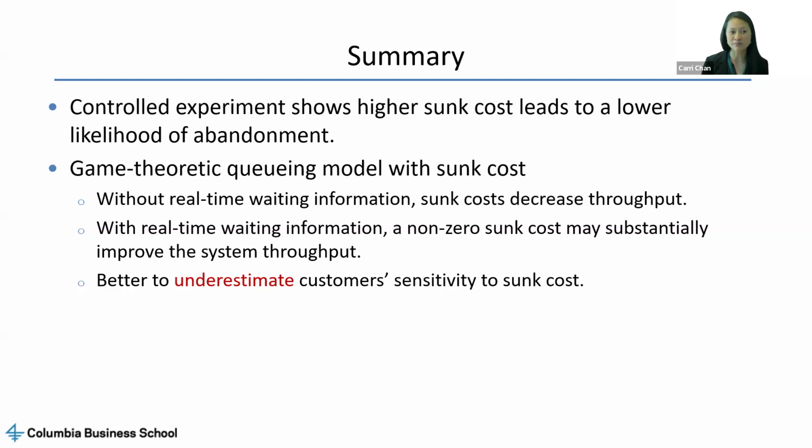We wanted to incorporate that into a game theoretic queuing model and look at this contrast between having sunk costs and providing information, waiting time information. If you don't provide waiting information, you don't want to introduce a sunk cost. But if you do provide information, having a non-zero sunk cost can be really, really helpful.